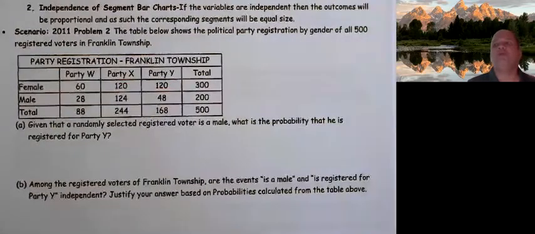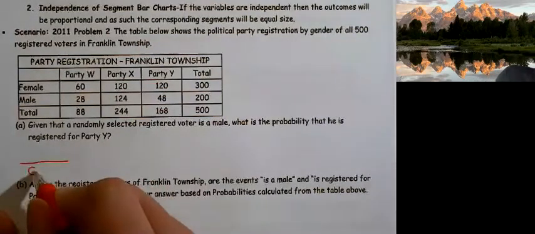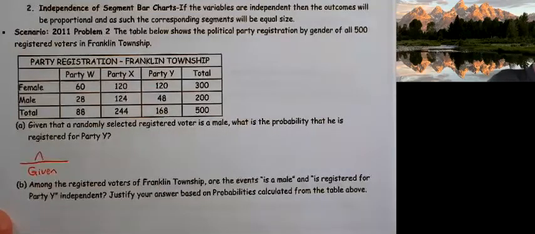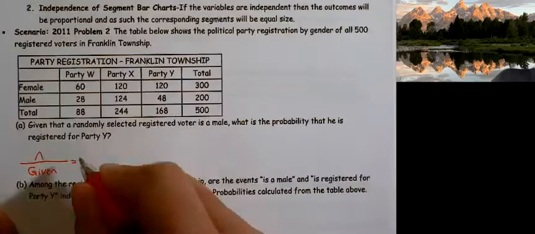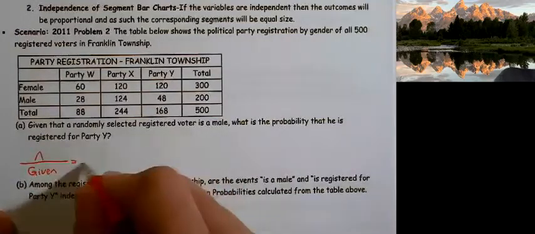The table below shows the political registration by gender of registered voters in Franklin Township. Given that a randomly selected registered voter is male, what is the probability that he is registered for party Y? So once again, we have a given. So we know we're going to be looking for an intersection on top. And the given is male.